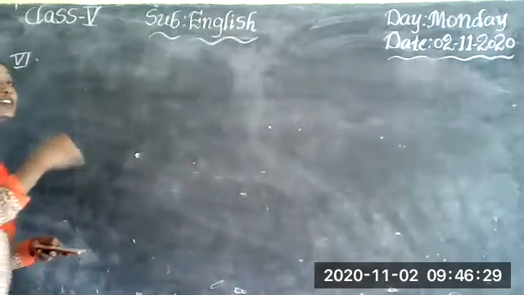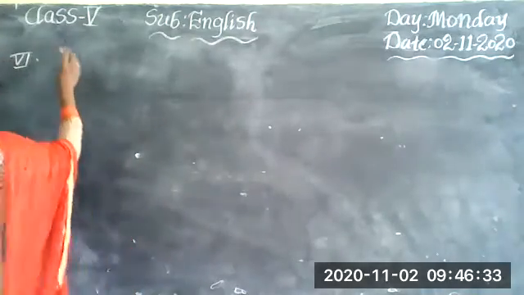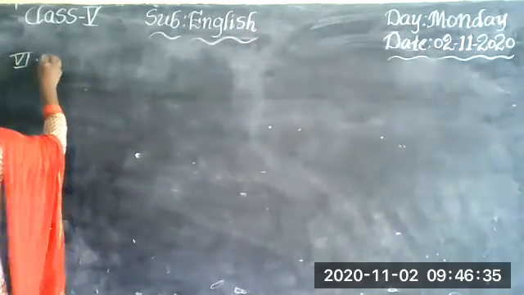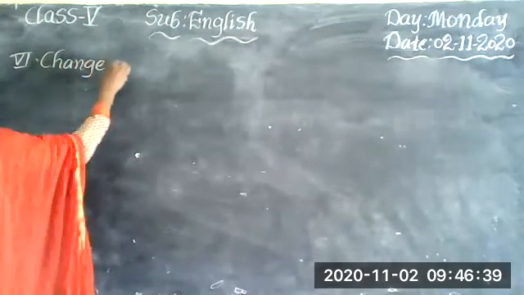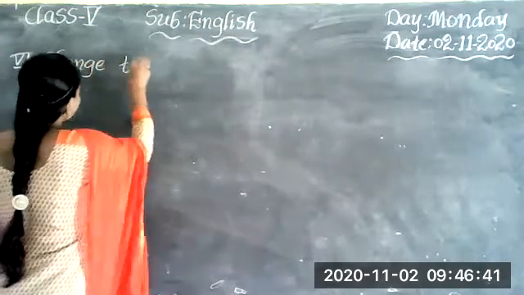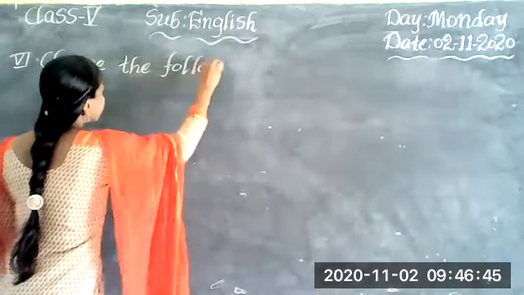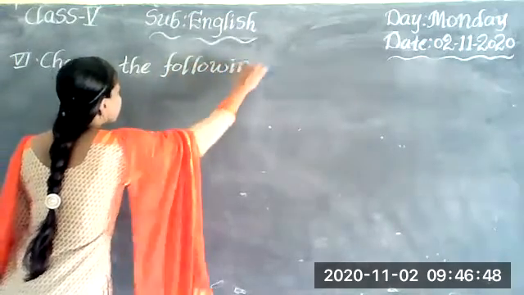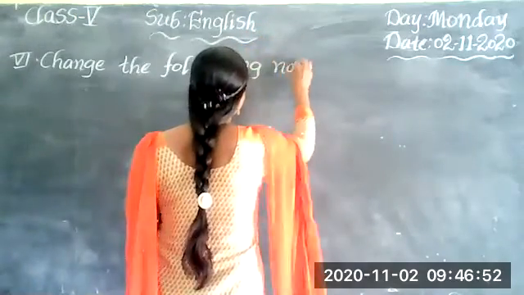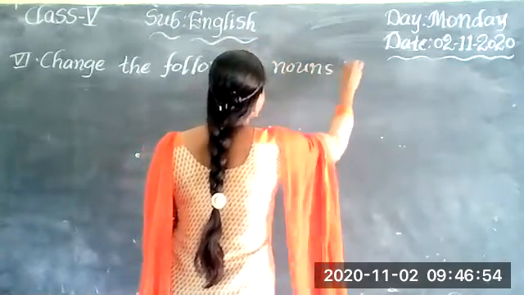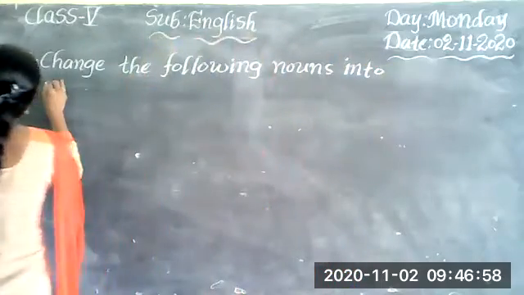Okay. Here nouns are given, and those nouns we have to change into adjectives. Sixth bit, change the following nouns into adjectives.